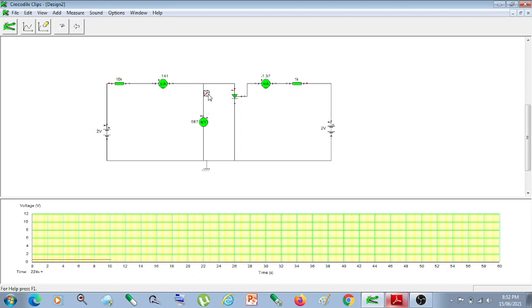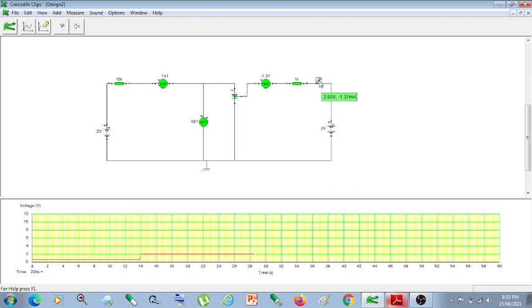So that is 0 current. Now you place it over here, and you can see that current started to increase. So at 2 volt, it is 1.37 milliamp.